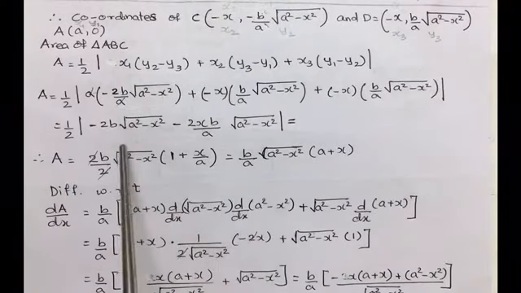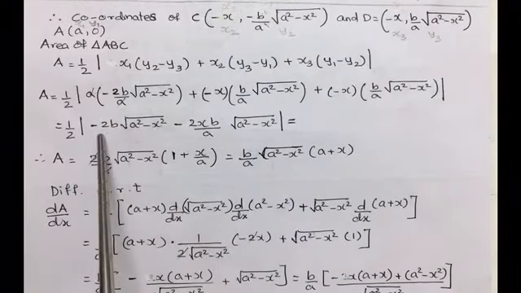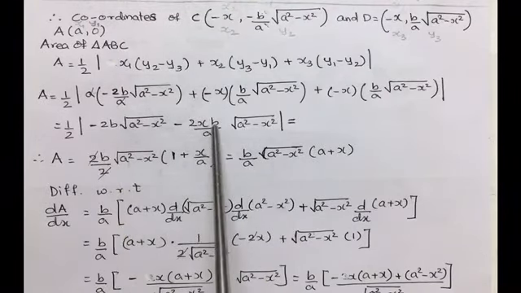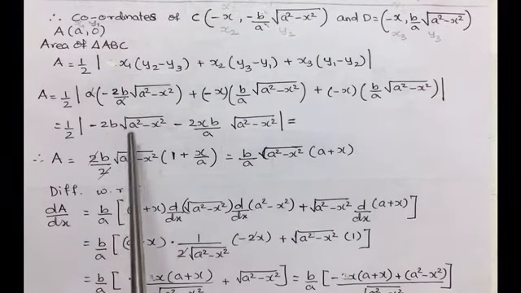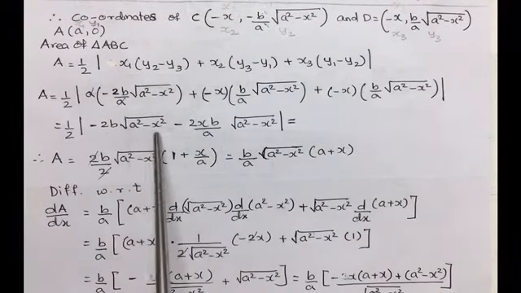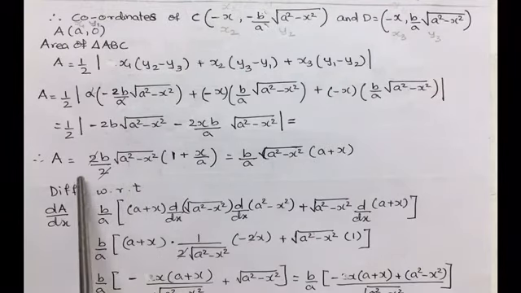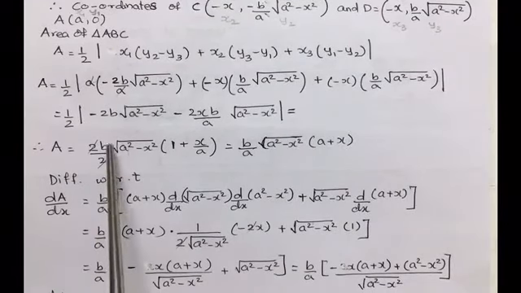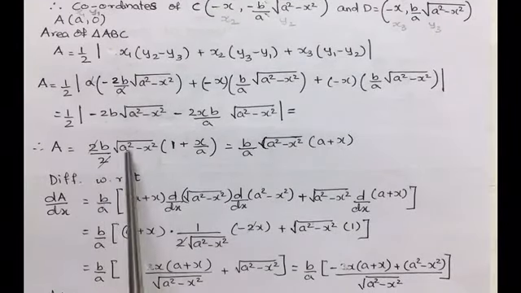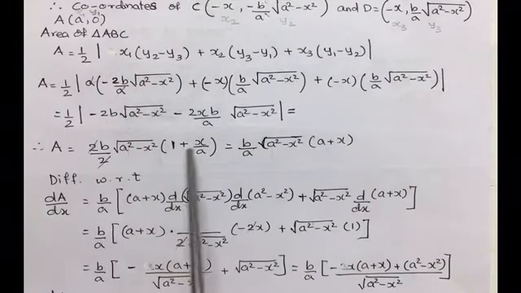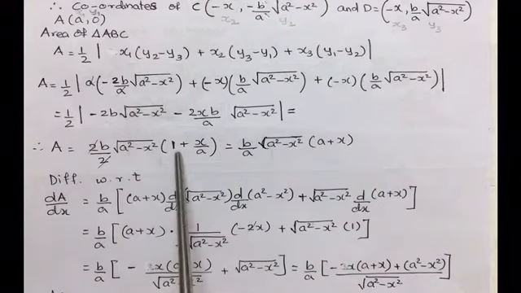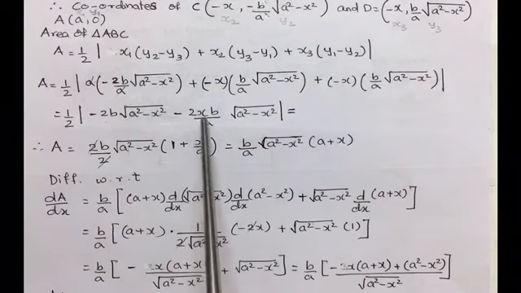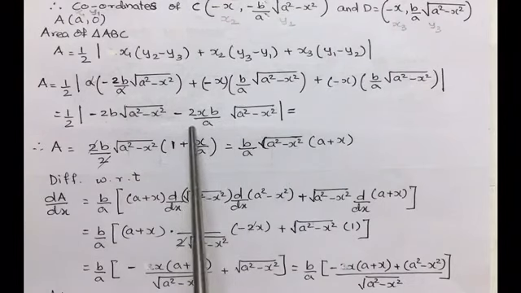Now simplifying this further, the negative sign will make it positive as mod is there, and taking out 2b common outside, as well as under root of a square minus x square common, we will get 2b upon 2, this 2 is already there, under root a square minus x square, inside the bracket 1, this part is going to become plus as the negative sign is outside, and inside the mod it will become positive.